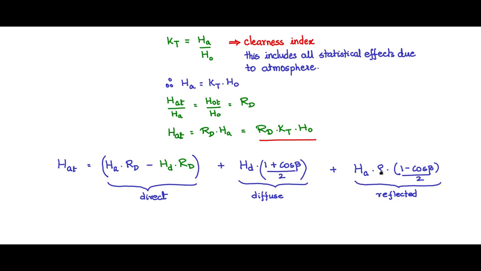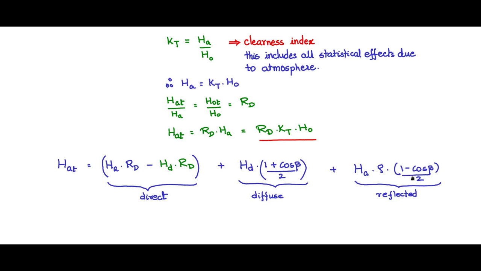If it is in the plains where there is not much possibility of reflection from the neighborhood ground surface, then rho is very small, around 0.1. And if you have a lot of mountains in the neighborhood, let us say the collector is placed in a valley and there are a lot of nearby mountains and slopes which can reflect a lot of light onto the panel, or if it is a snow-capped mountain which can reflect quite a significant amount of light onto the collectors, then the reflection coefficient rho is 0.7 here.